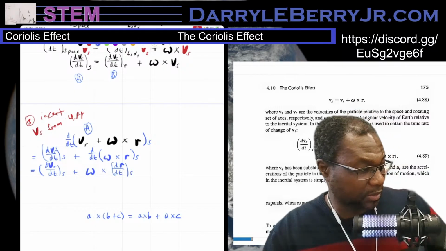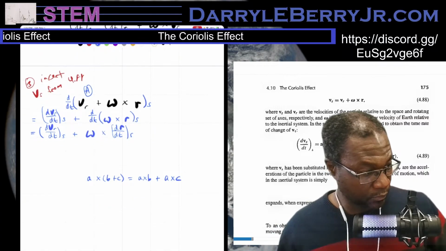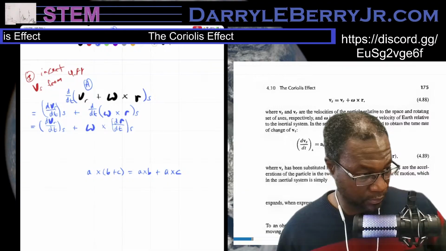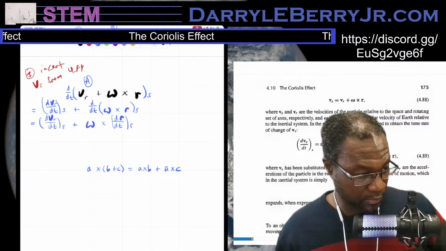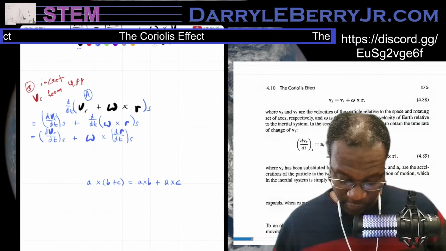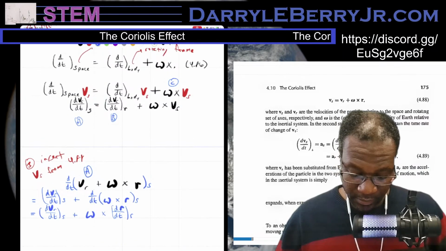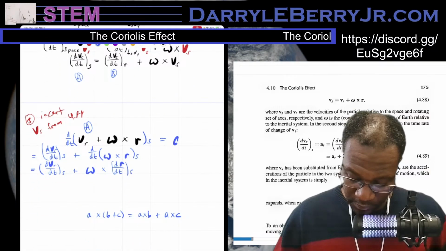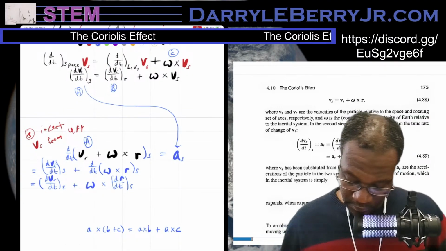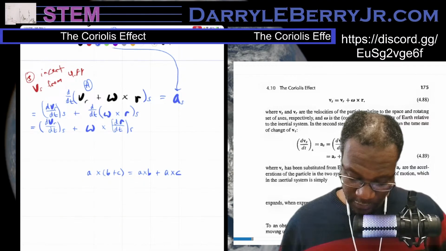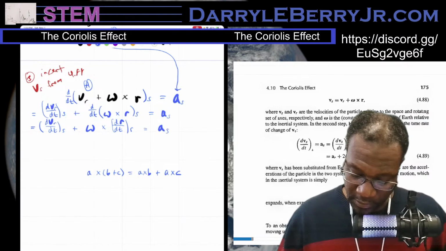It's actually only on the right side. Let's see. If I call this entire thing A_S, dV over dt_S, so we have that equals A_S.